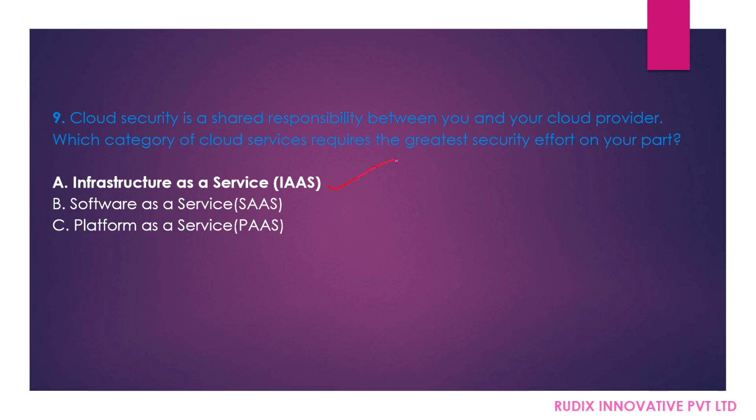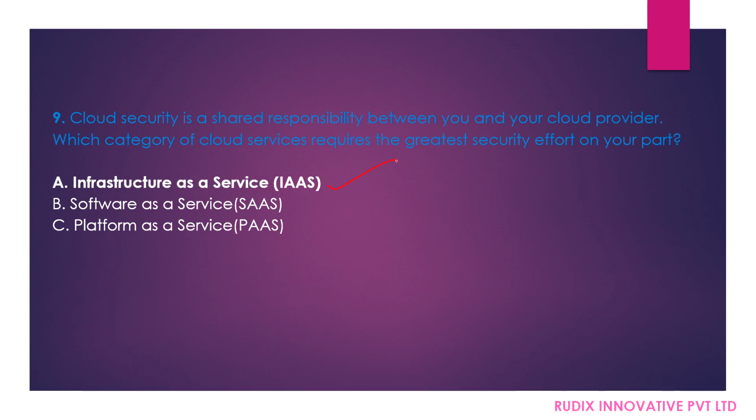Infrastructure as a service. Why? In the shared responsibility model of cloud security, the level of security responsibility varies depending on the type of cloud service being used. For infrastructure as a service, the cloud provider is responsible for securing the underlying infrastructure such as servers, storage, and networking.